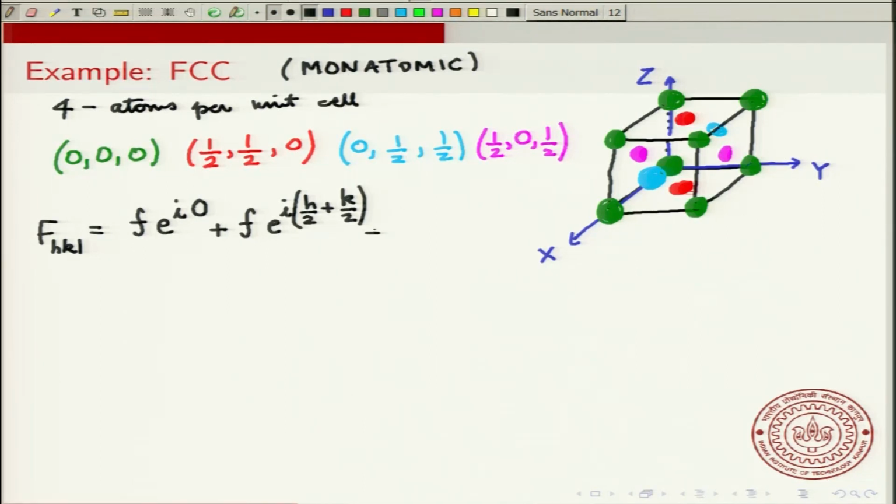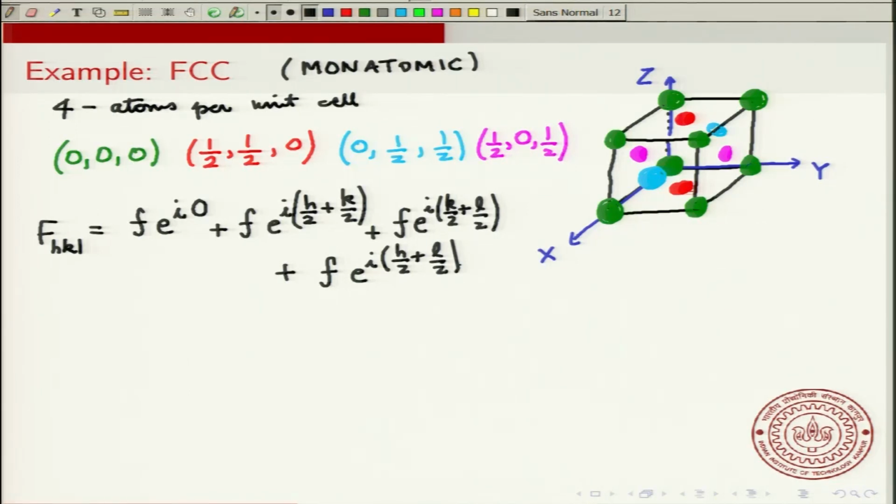Okay, and you can see the phase difference for this is k by 2 plus L by 2, plus f e to the I h by 2, L by 2.